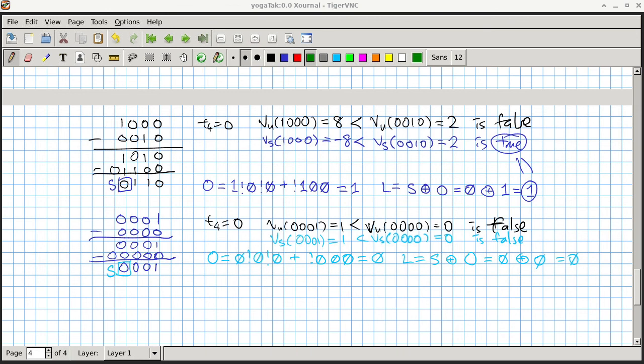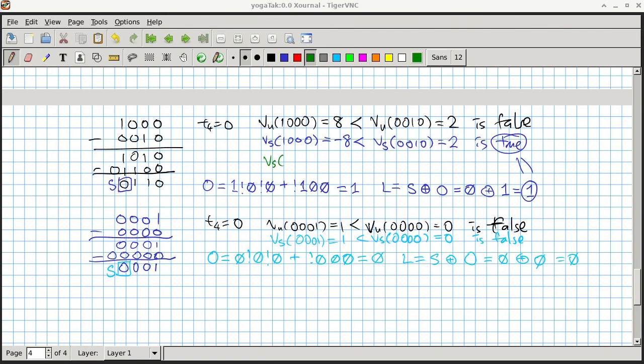So on the number line, I started off to the left of the number line, and we want to subtract a non-negative quantity, which means I want to keep going in that direction a little bit more. But I somehow ended up with a value on the right-hand side from your perspective of the number line. Doesn't make sense, right? But if you look at Vs, it will show you exactly why it doesn't make sense.